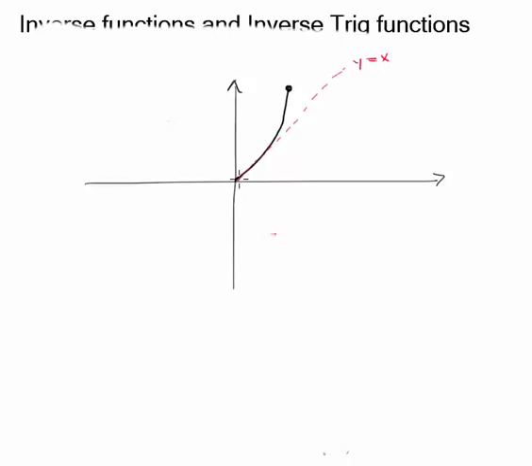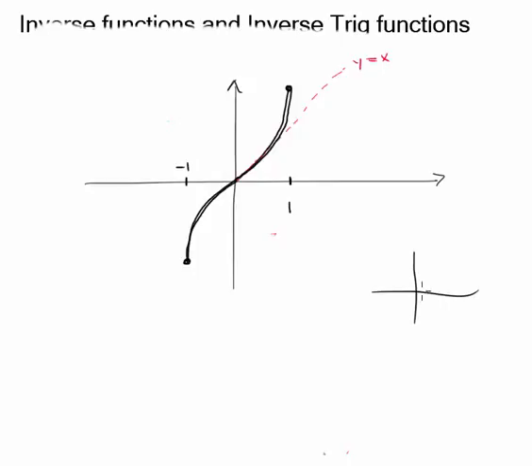It is in alignment with y equals x. It comes down like this, and that is the look of the inverse sine function, and it goes all the way up to 1, negative 1. Remember, if you do an inverse function, the y-axis becomes the x-axis and the x-axis becomes the y-axis.